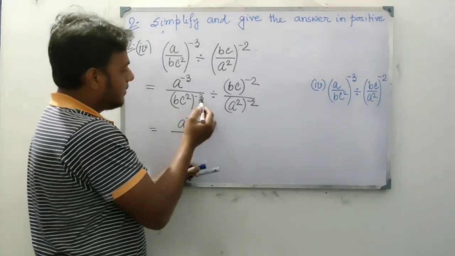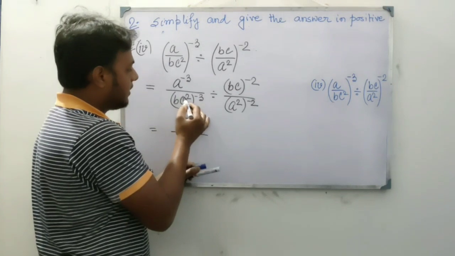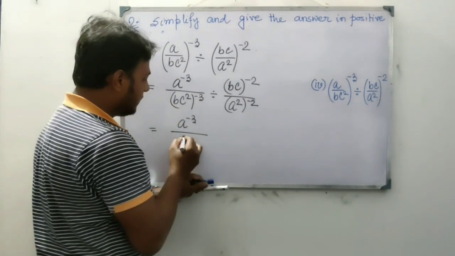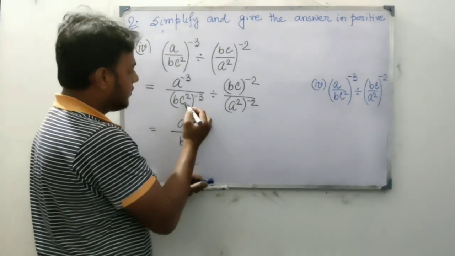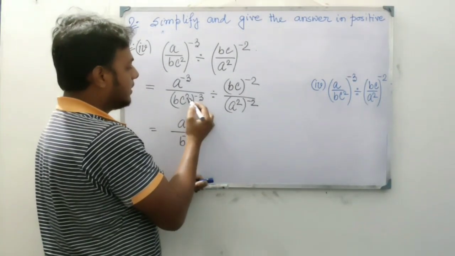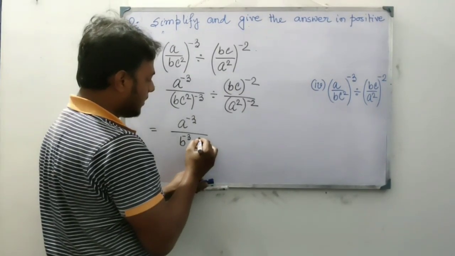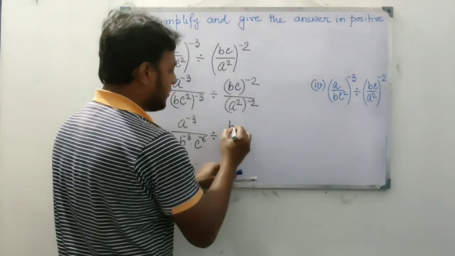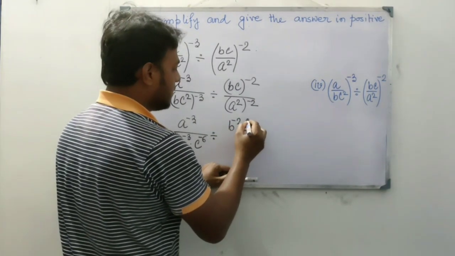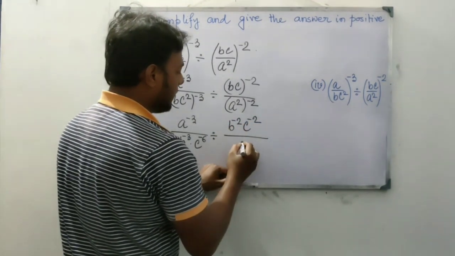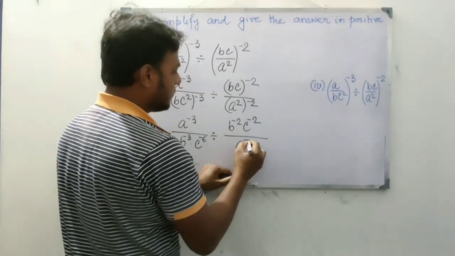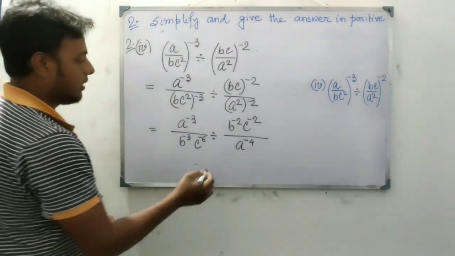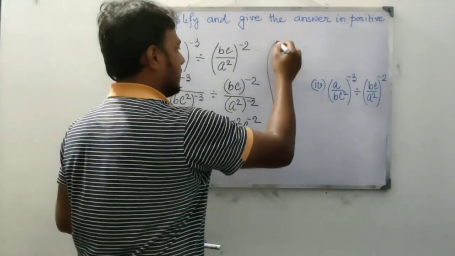So we can distribute over all the factors. If we distribute over b, then it will be b to the power minus 3. And if we distribute to c to the power minus 2, we can multiply these two, so it will become c to the power minus 6. Okay, division is there. Next, it will be b to the power minus 2, c to the power minus 2 by a to the power, we can multiply these two, minus 4. Did you get it? Okay. Next line I am solving on this side.